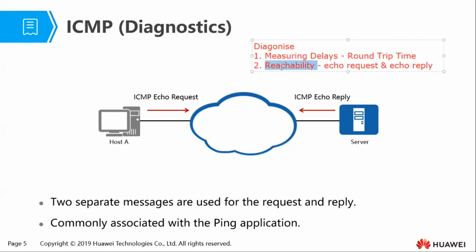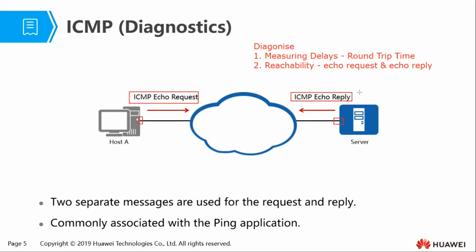Reachability is, am I able to reach this particular host on the network? So in this particular example, we have host A and a server. If we want to test whether we are able to reach this server on the network, then we will send an ICMP echo request with the destination address of the server. Now, when the server receives that echo request, it is going to reply with what we call an ICMP echo reply.